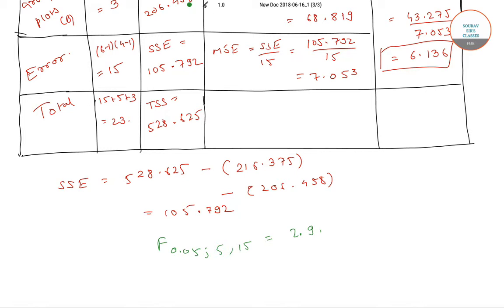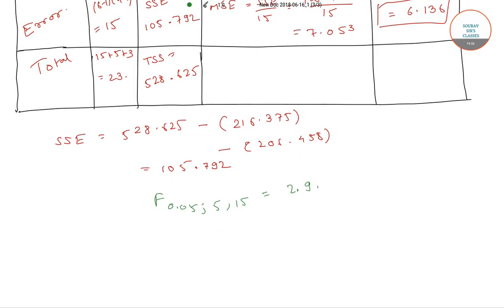Now since our F naught, which is equals to 6.136, is greater than our F tabulated, which is 2.9, therefore we reject H naught.